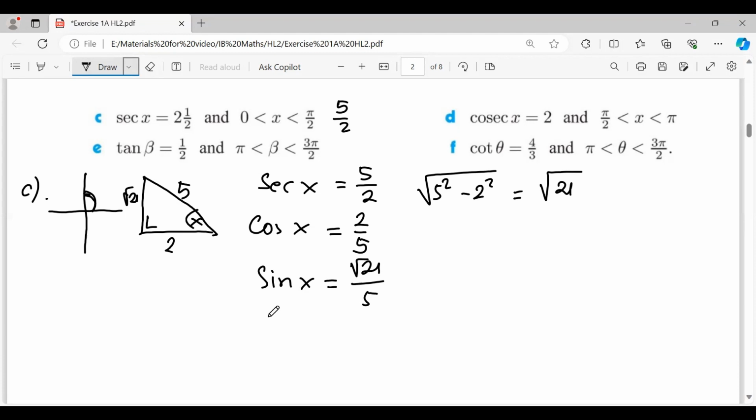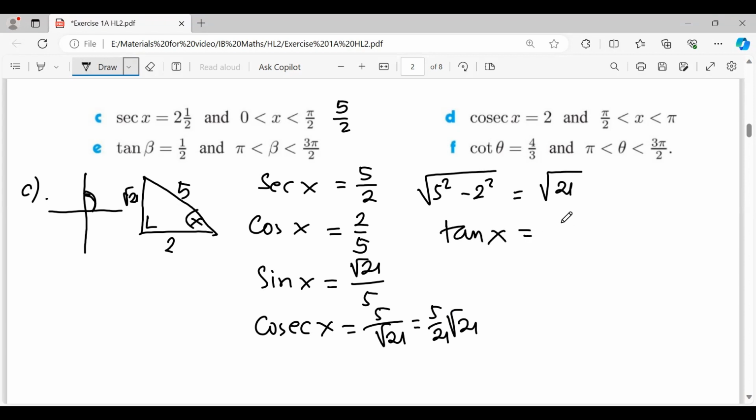And then cosecant is 5 over root 21. You may simplify. It becomes 5 over 21 root 21. Tangent x is root 21 over 2.